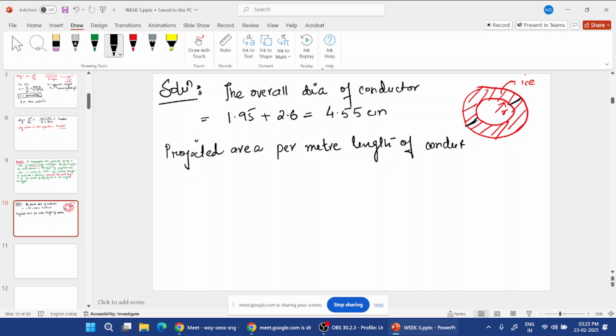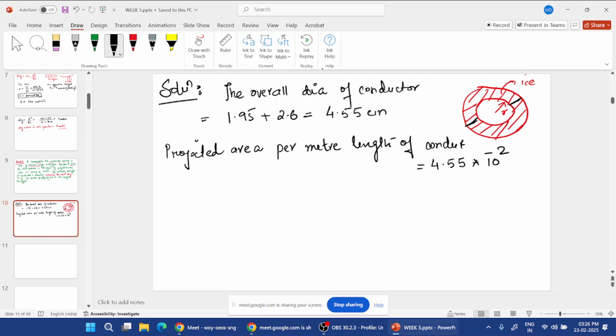Okay, so it will be 4.55 into 10 raised to the power minus 2. Okay, so based on this, the projected area will be like this.